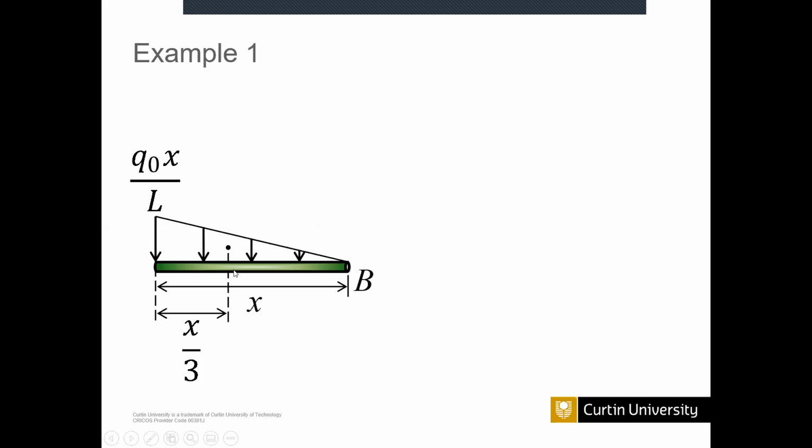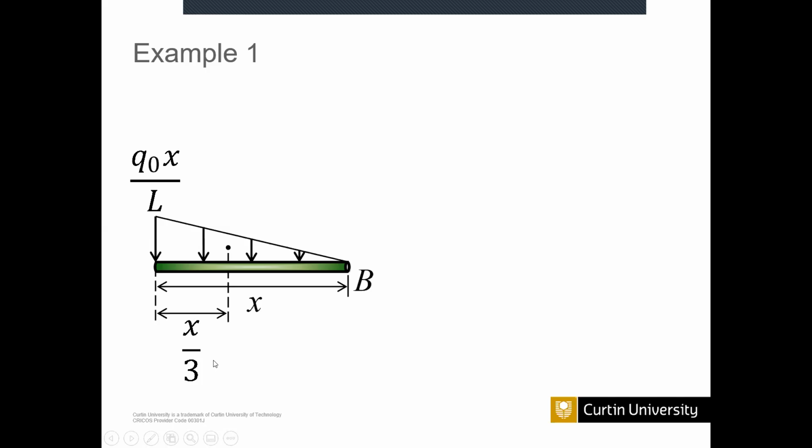If it is a triangle, you know the distance from this side and from this side. From this corner to the centroid, it is x divided by 3; from the other side, it is 2x divided by 3. This is trigonometry, not this subject.